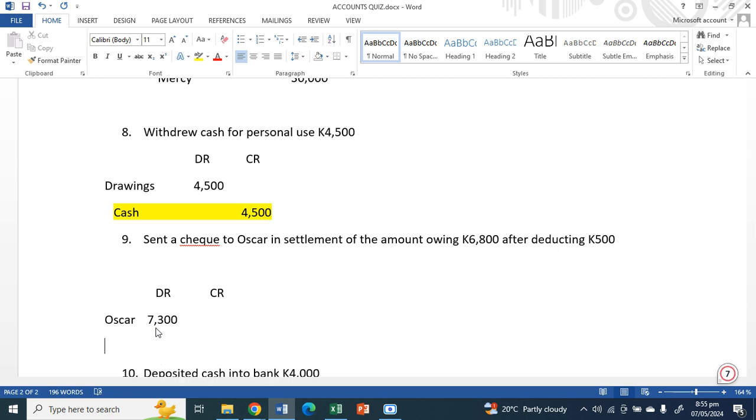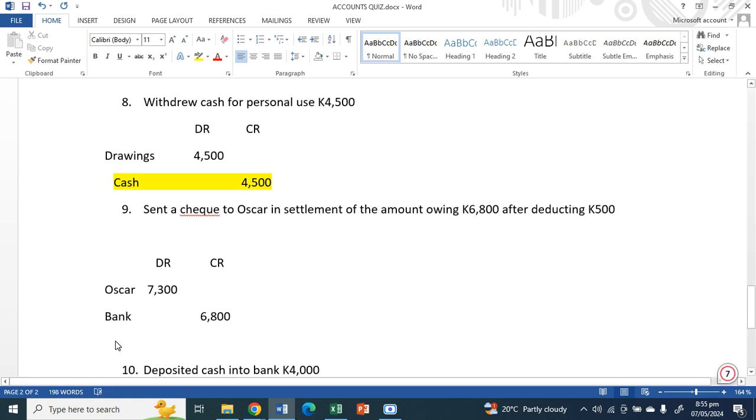Then we paid him, right? Since it says it's a check, we used the bank to pay him. So a reduction in our asset, which is bank. So you credit bank 6,800. And then the discount received 500.